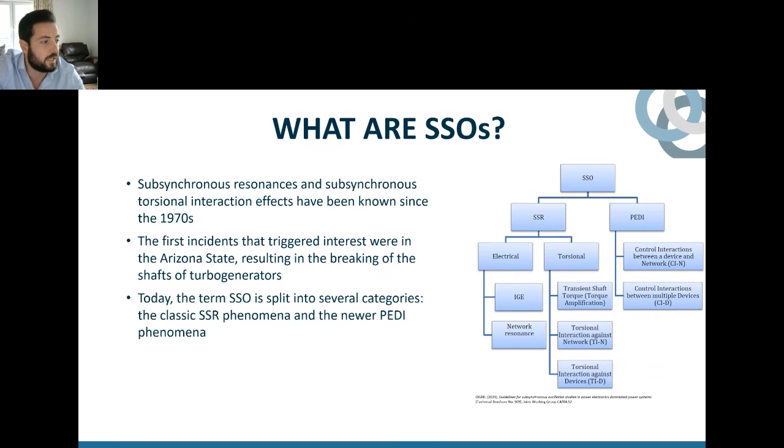And on the right, you have the ones grouped under PEDI, so power electronic device interactions, which include control interactions between converter and the network, or between multiple converters interacting with each other. So when we talk about subsynchronous oscillations today, it's not just about classic synchronous generator problems, it's a broader set of phenomena, which includes converter-driven interactions.